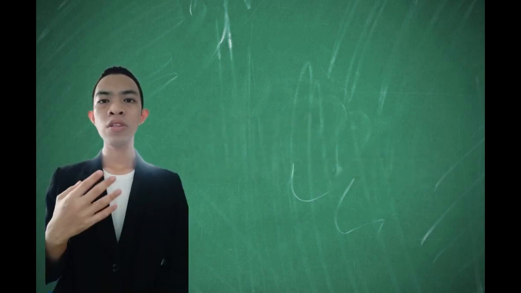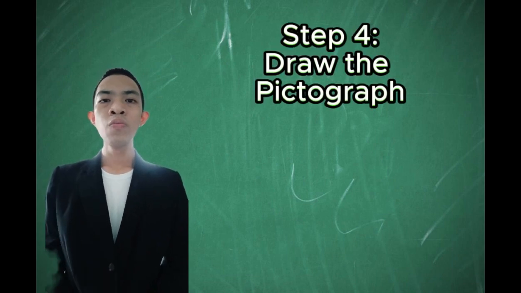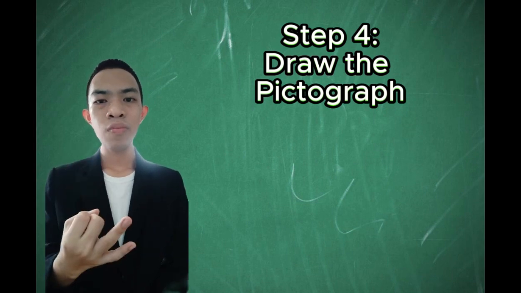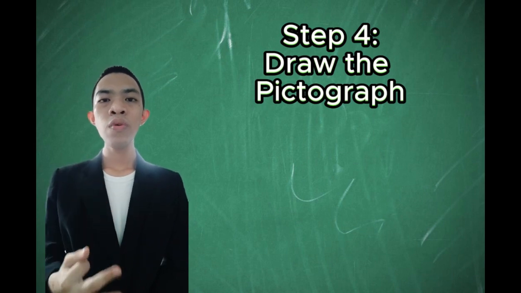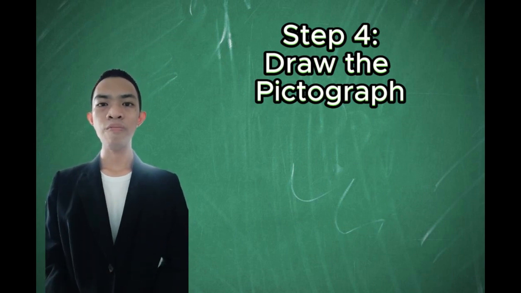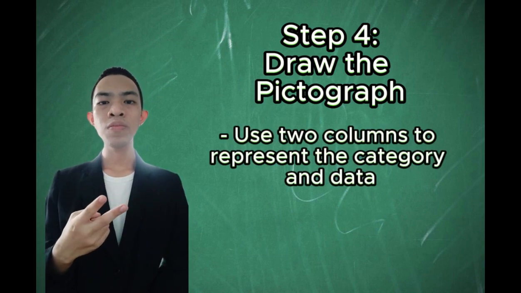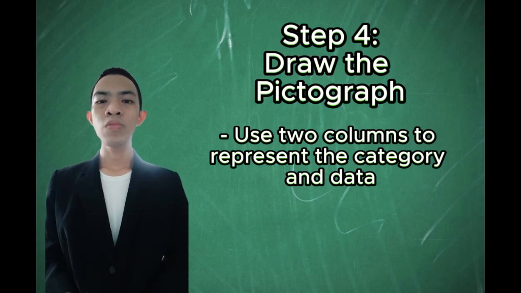Now that we know the three steps, we can proceed to the fourth step, which is to draw a pictograph. With the data that we collected, the symbols we have created, and the keys that we have assigned, we can draw the pictograph. In drawing a pictograph, we need to create two columns which represent our data and our category.